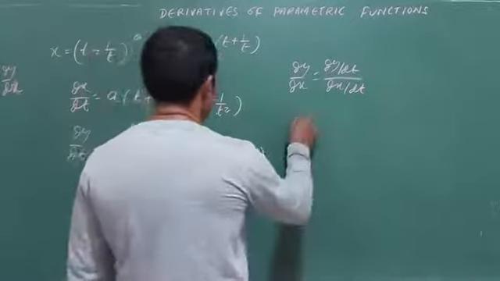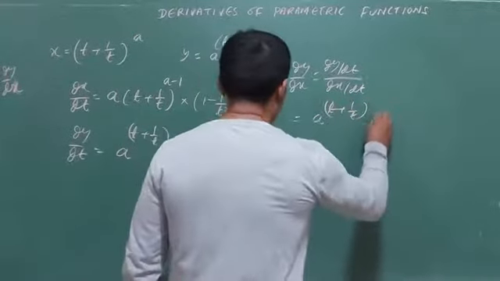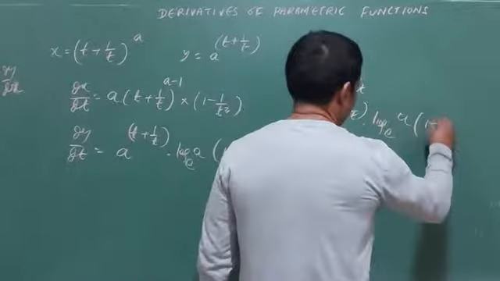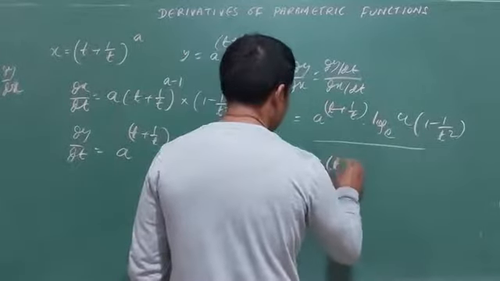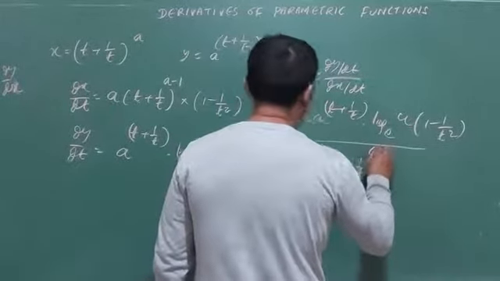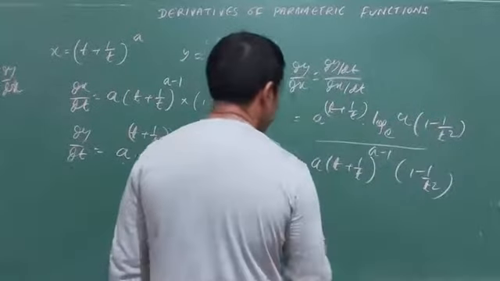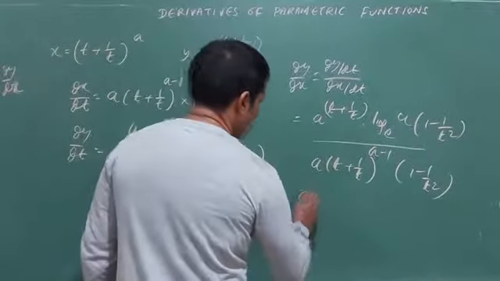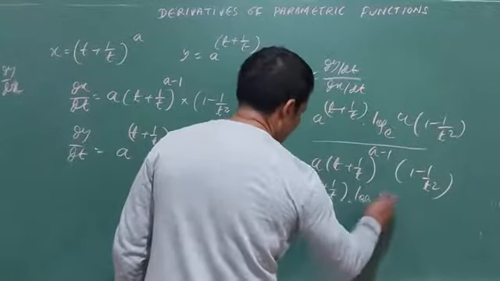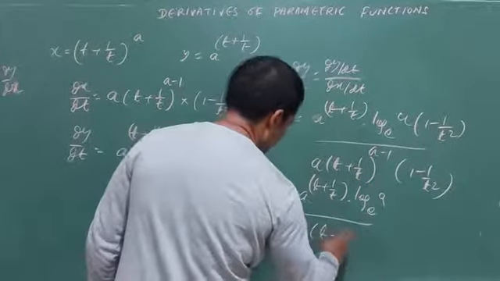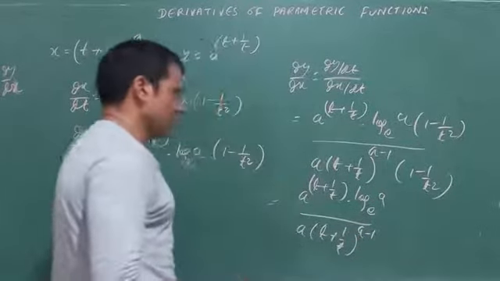Just divide it: a to the power (t plus 1 by t) log a into (1 minus 1 by t square), divided by a into (t plus 1 by t) to the power a minus 1 into (1 minus 1 by t square). This cancels out, so the answer is a to the power (t plus 1 by t) log a, divided by a into (t plus 1 by t) to the power a minus 1.